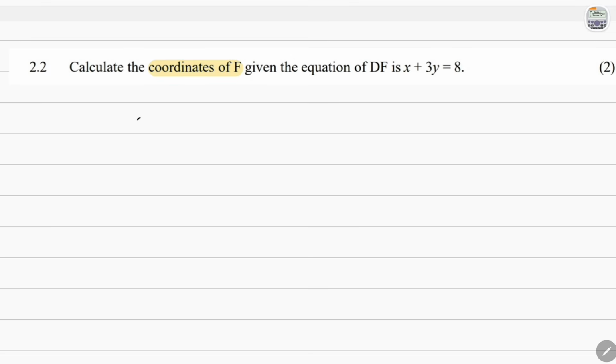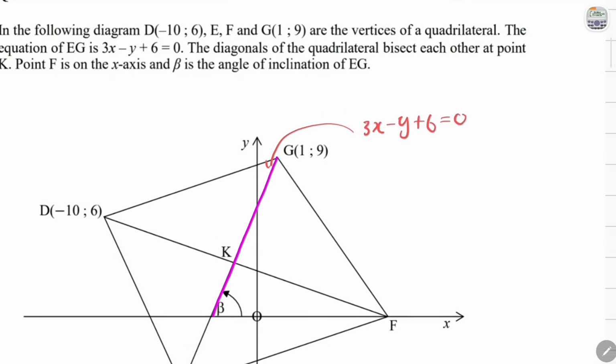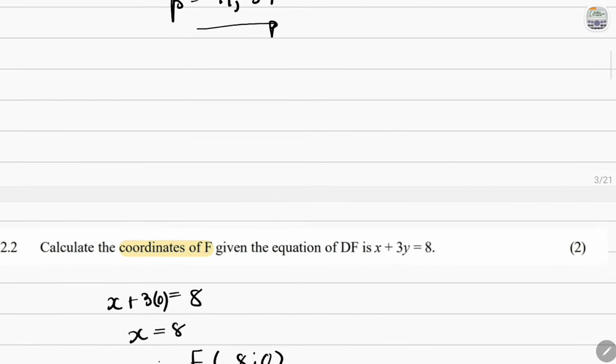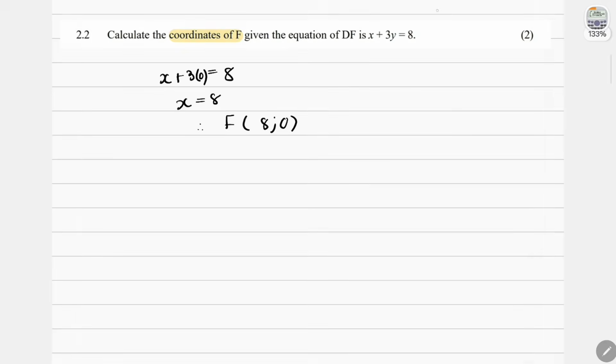So we have x plus 3y equals 8, and we make y equal to 0. That just becomes x equals 8. So point F is (8; 0). Make sure you put that down because it's going to be helpful. Moving on to the next question.